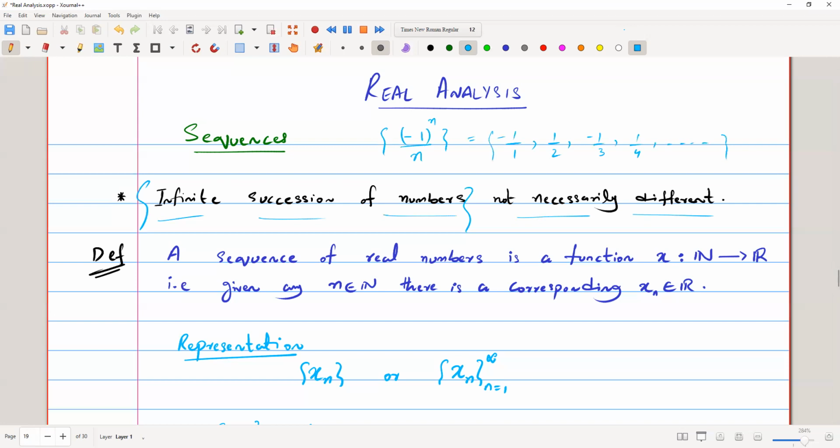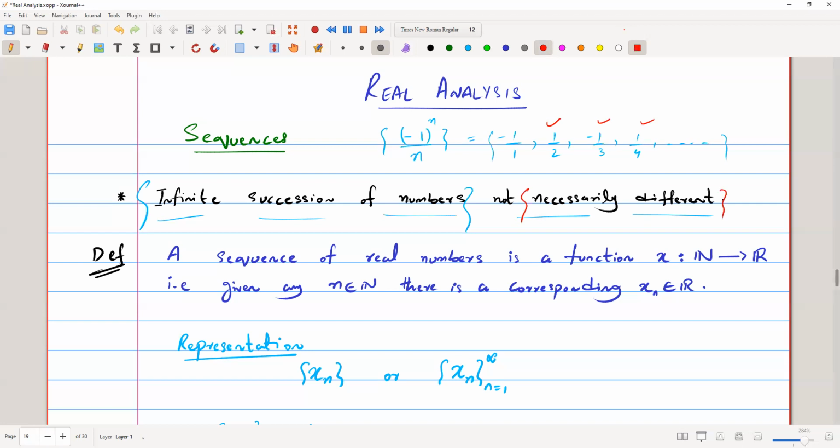So we can see that this is infinite. There are infinite numbers, and we can see the succession: after each number we are getting a number, and we have infinitely many terms. So this is an infinite succession of numbers, not necessarily different.